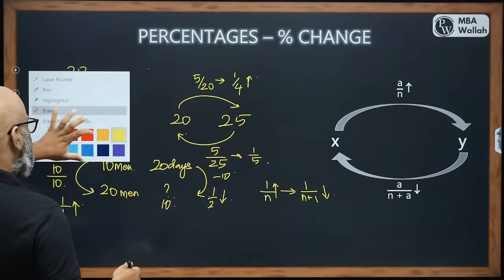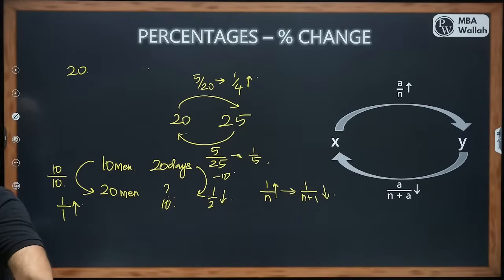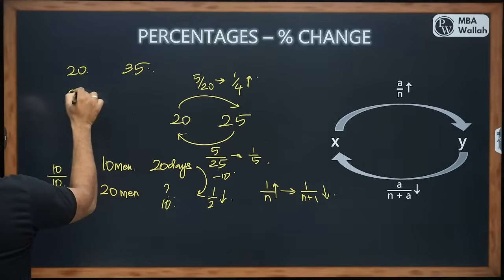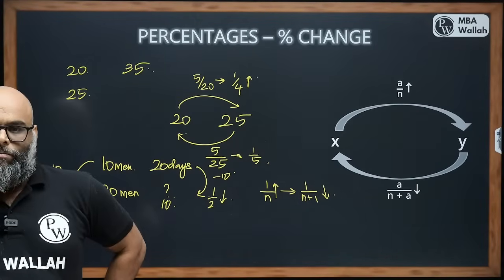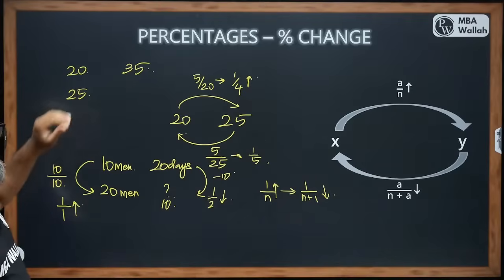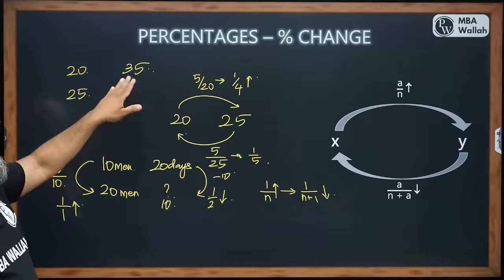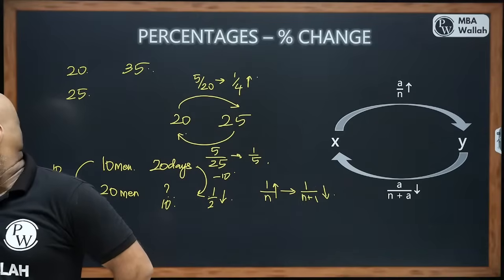I don't want to deal with decimals. 35 days. I have 20 people working on a job and they can do the job in 35 days. If there are 25 people, how many days will it take?